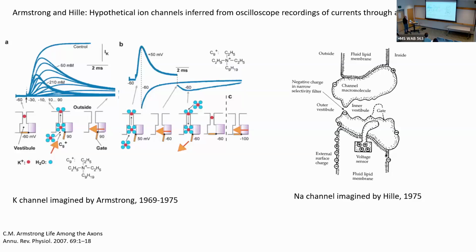By the time he was doing these experiments, he had moved to the University of Rochester and worked with some chemists at Kodak to make a series of derivatives of ammonium ions, and made some that had, like tetraethylammonium, except it's got a nine carbon chain added to it.